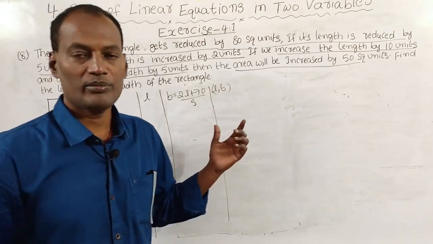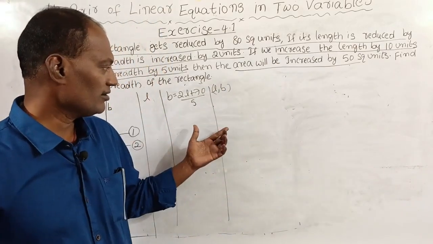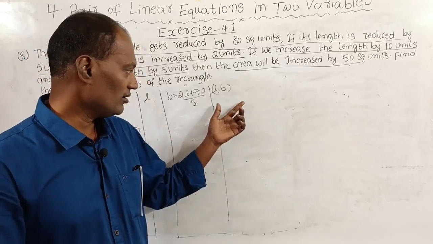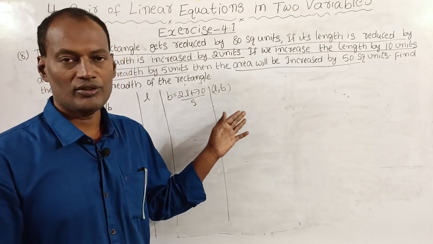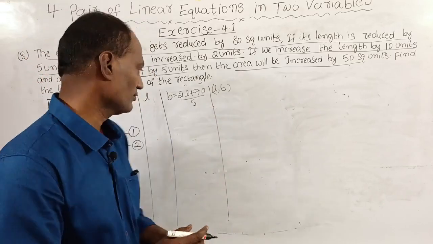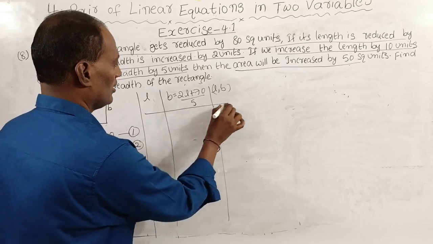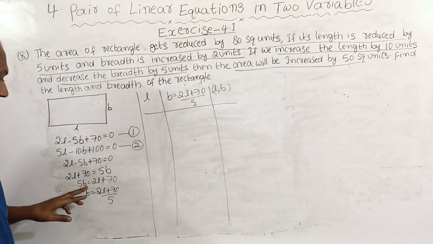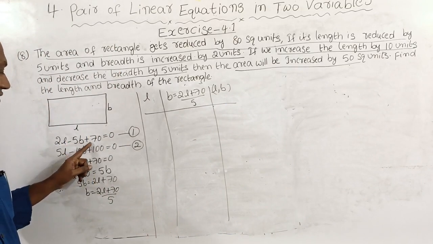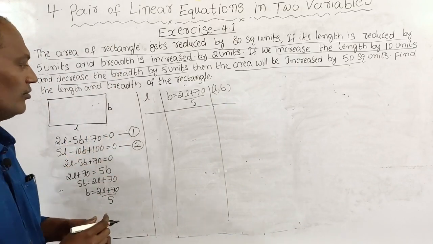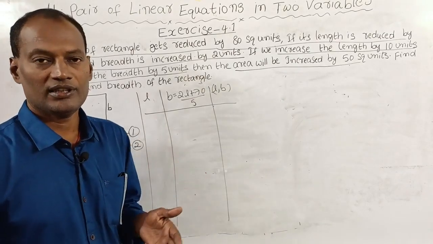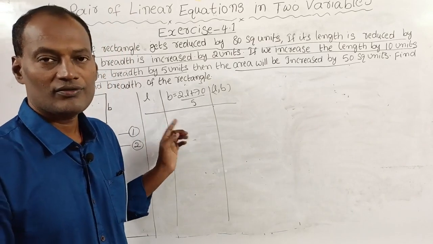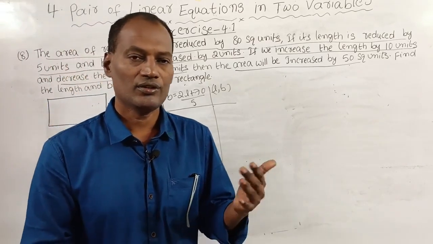For representing the values on the graph page, we want to make it like this. We know this already. Now here see, equation 1 is 2L minus 5B plus 70 equal to 0. We learned in previous classes that we assume values starting from 0, 1, 2, 3 like that.